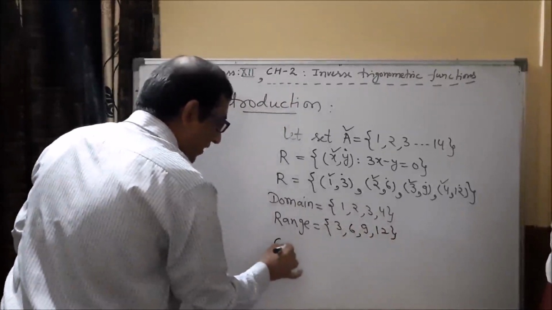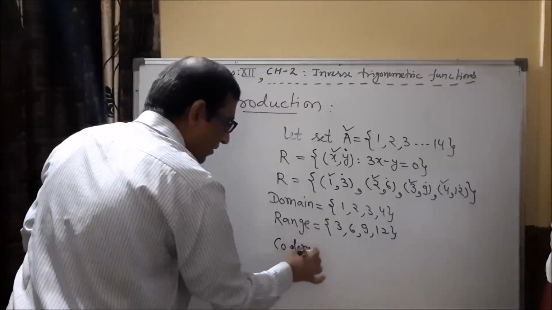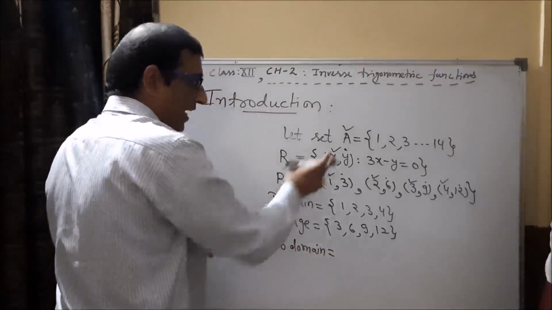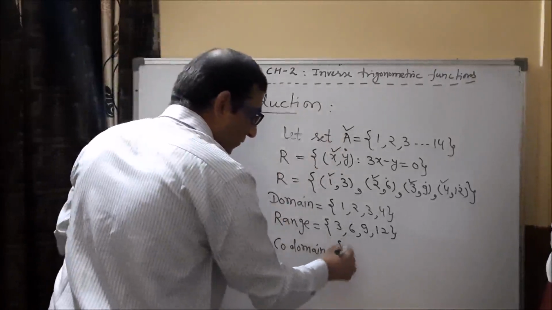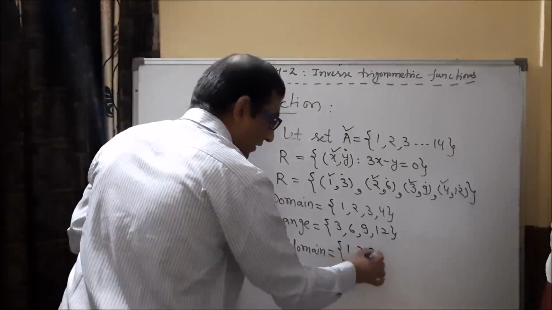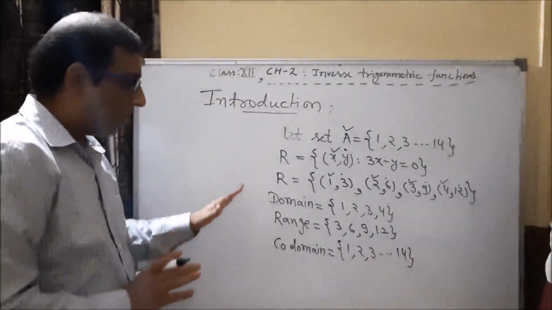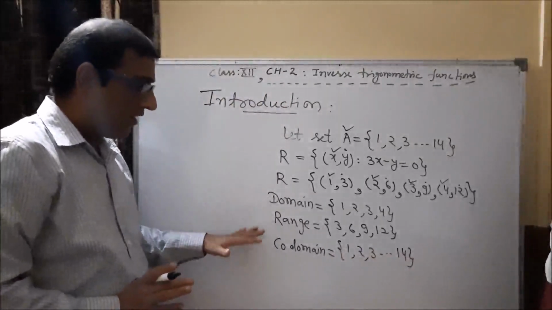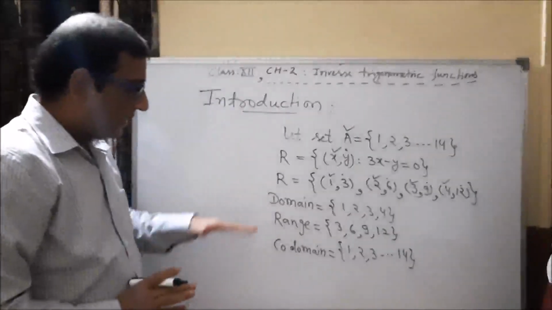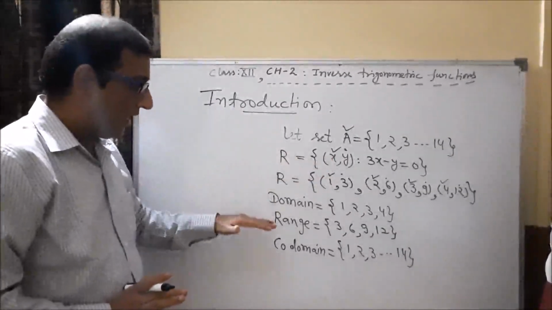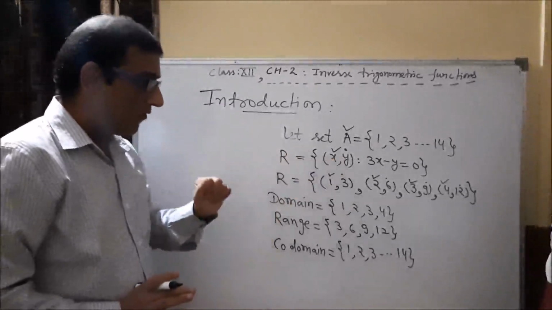And what about codomain? Codomain includes range as well as set A also. So it becomes 1, 2, 3 up to 14. So it is just the recalling of domain, range and codomain. Again I am repeating, domain means the first element of the ordered pair, which is equivalent to x, and range is the second element of the ordered pair.